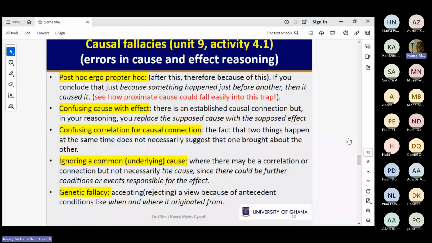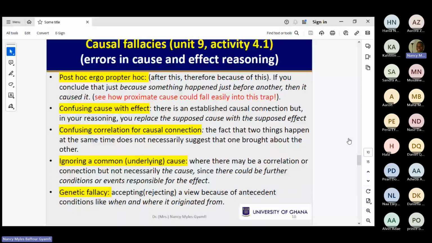Okay, so post hoc ergo propter hoc is just saying that just because something happened before another, you claim that the one that happened before caused the one that happened after. That is very problematic. So I showed you how, as soon as I spanked baby Ella's bottom, boom, then Asawajan scored a goal.